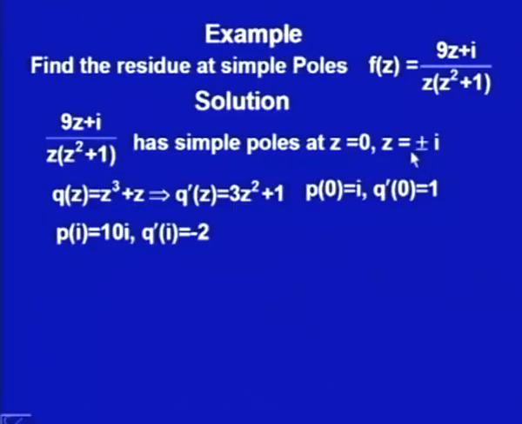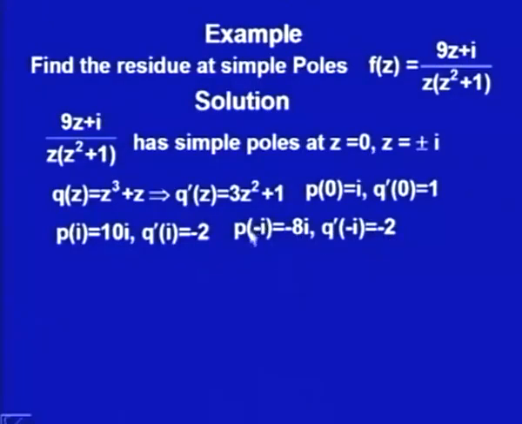Similarly, at z equal to i, p(i) is 9i plus i, that is 10i, and q'(i) is 3i squared plus 1, that is minus 3 plus 1, which is minus 2. Similarly, for minus i, p(minus i) is minus 8i and q'(minus i) is minus 2.